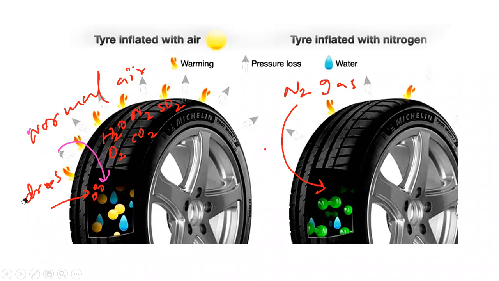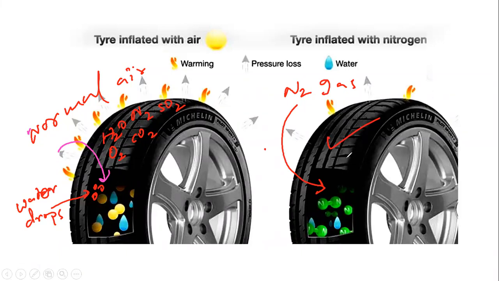Inside the tire, water condenses and forms water drops. Then it can reduce the lifetime of the tire, and you have to regularly monitor the tire pressure if you pump normal air. But if you pump nitrogen, many benefits.